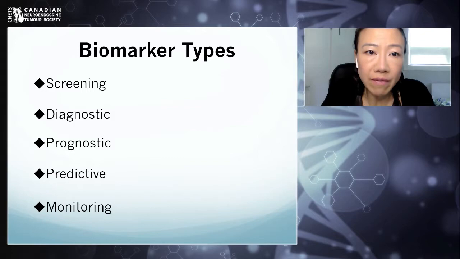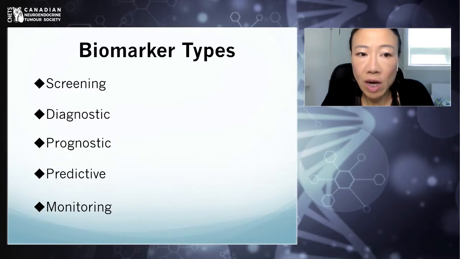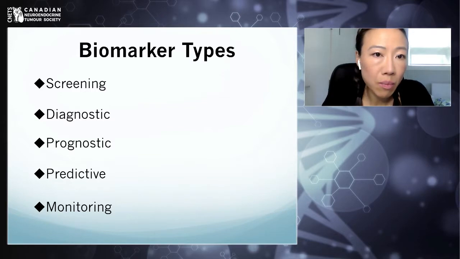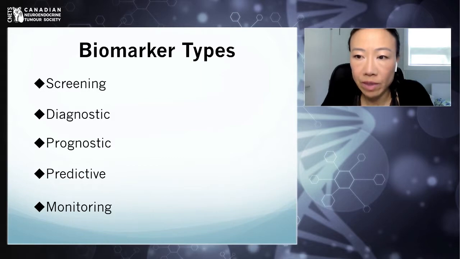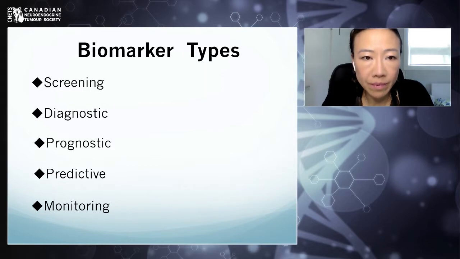Depending on the utility of the biomarker, generally speaking, there are 5 different types: screening, diagnostic, prognostic, predictive, and monitoring. Let's go through each one of them.